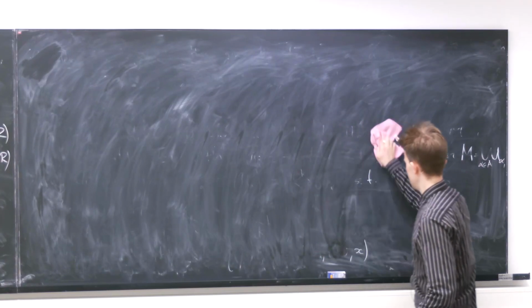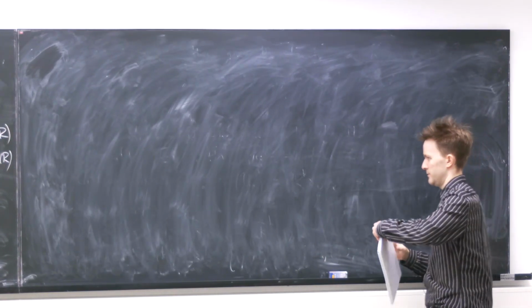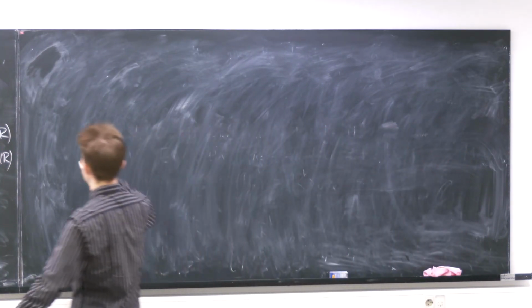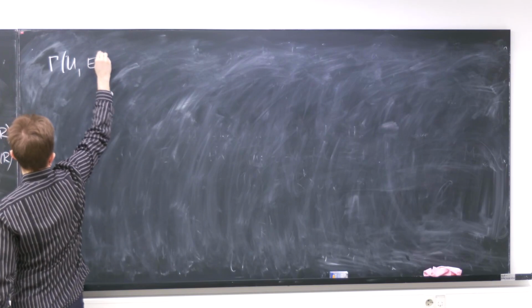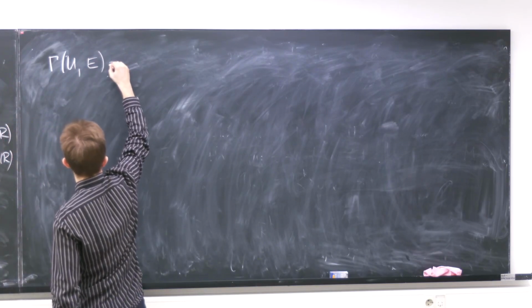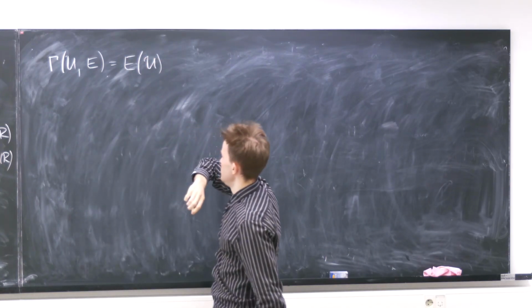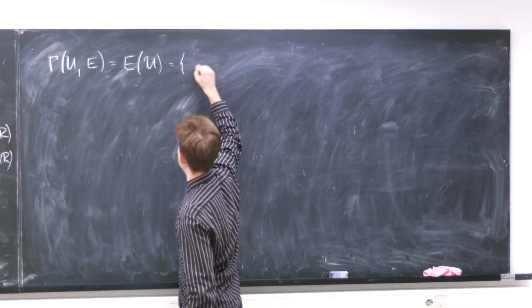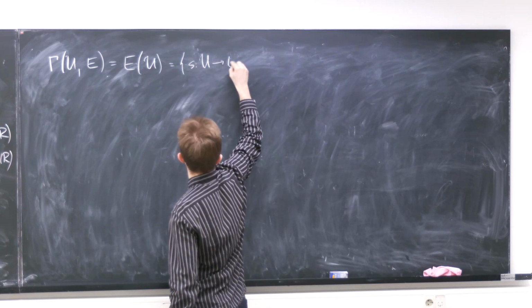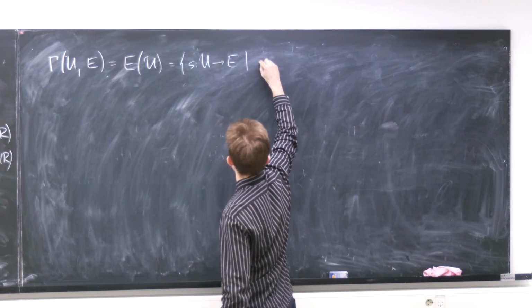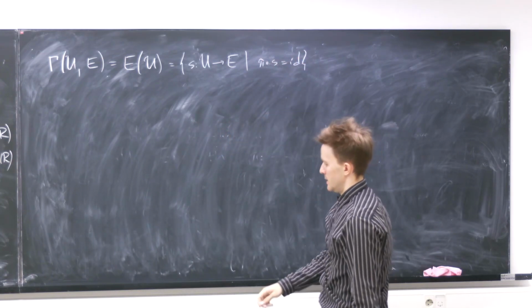Of course we can consider sections of vector bundles, and those sections form sheaves. So sections of a vector bundle over a subset U, which we can also denote as before by E(U), is the set of maps s from U to E such that pi composed with s is the identity.